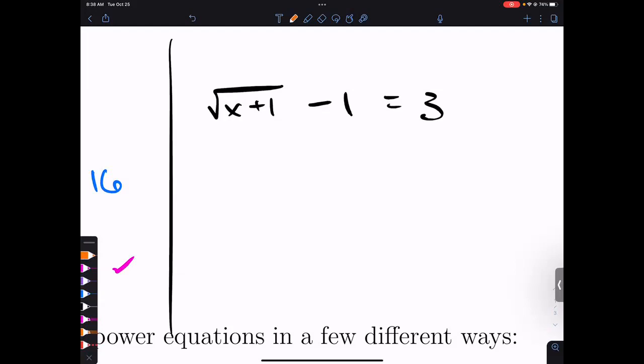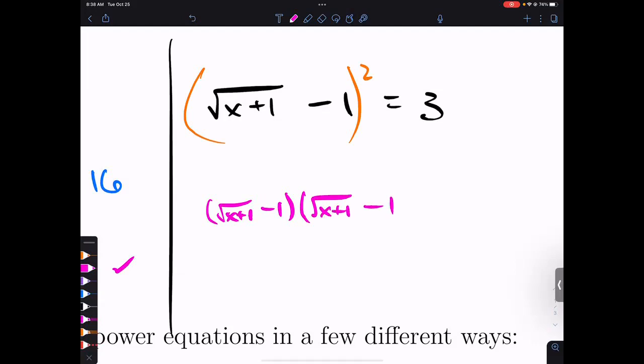Also, if you square that as it is now, it doesn't do what you want it to do, right? Because if you square that as it is now, you have something like that. How do you multiply that out? This is 2 things.